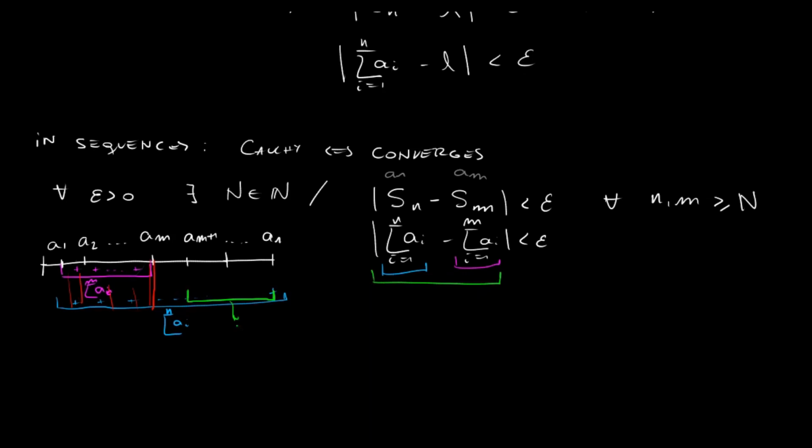So the green one is the sum of a sub i from i equals n plus 1 to m. And that is what being Cauchy means. It's that the sum from i equals n plus 1 to m of a sub i is smaller than epsilon for every m and n greater than or equal to N.